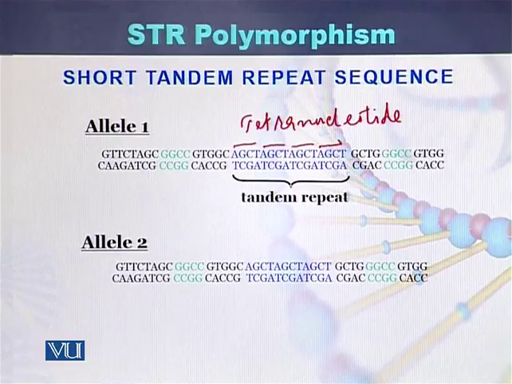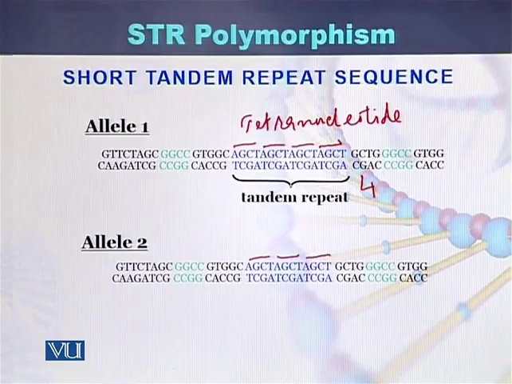On the second allele of that individual, there are 3 tetranucleotides, AGCT, AGCT and AGCT. So here there are 4 repeated regions, and here there are 3 repeated regions. There will be variation between allele 1 and allele 2 based on the number of repeats present in each.